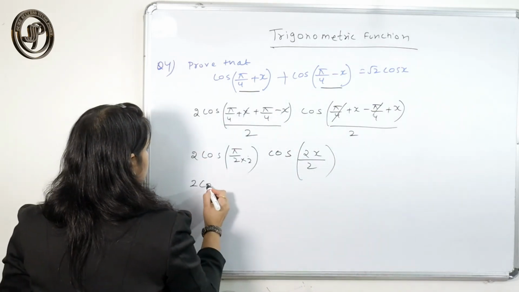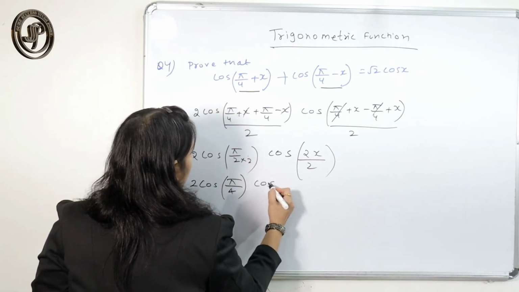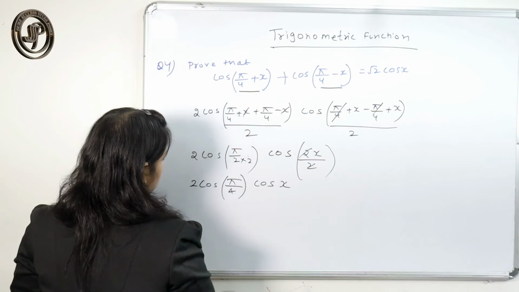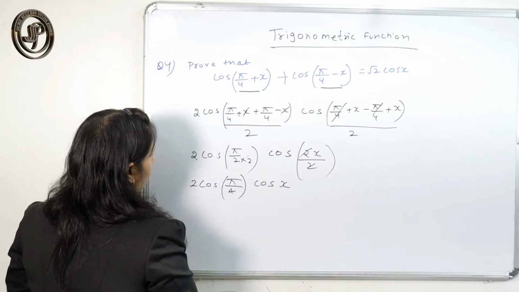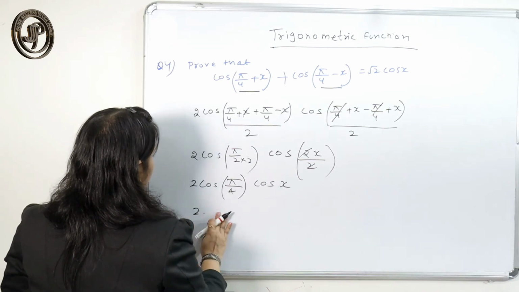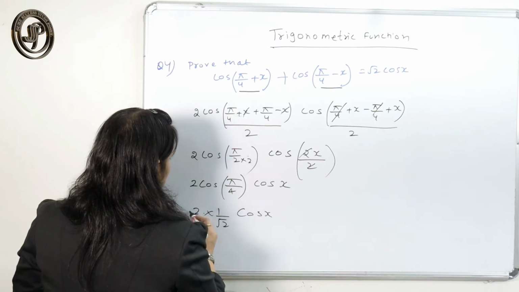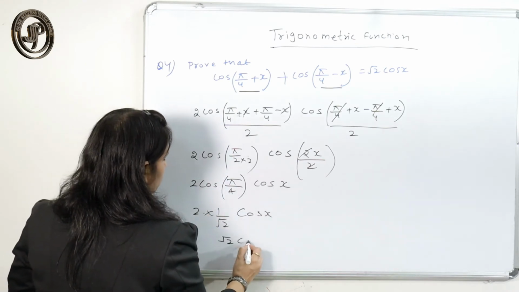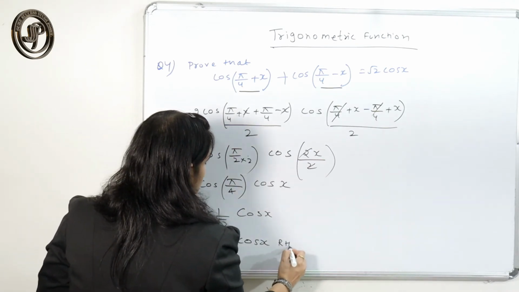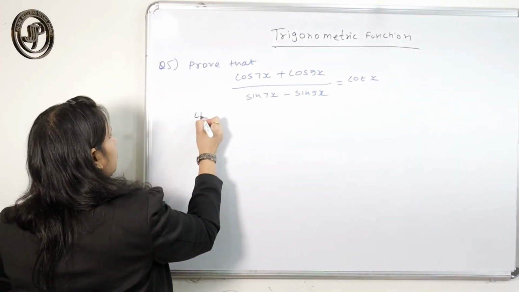Now what you get here is π/4 and cos x. Now 2 cos(π/4) is how much? 1 by root 2 cos x. So 2 by root 2 you can write as root 2 cos x. This is your RHS.